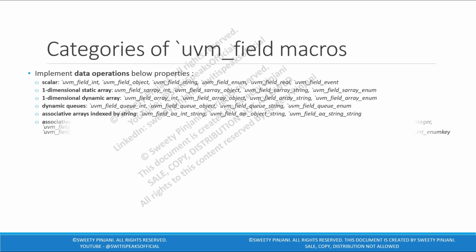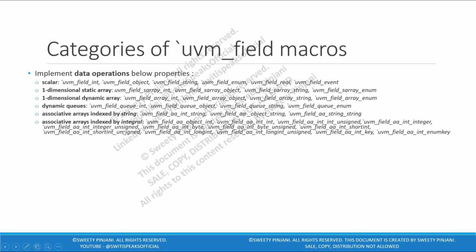Then, as I said, you can also have associative arrays which are indexed by integral. For that, you will have prefix UVM field AA, stands for associative array. Then whatever is your data type, and towards the end you will have suffix int. For example, if you want to implement data operations for an associative array of object which is indexed by int, then UVM field AA object int.